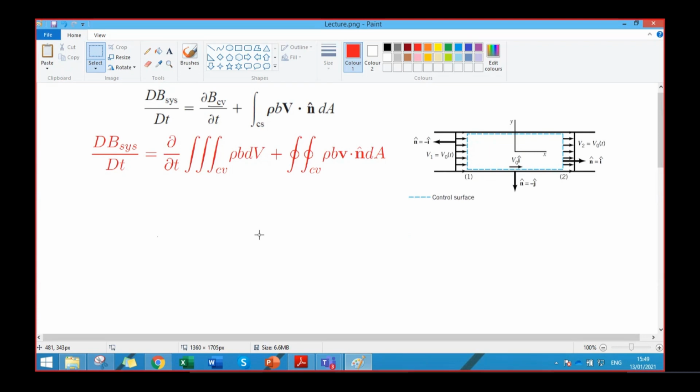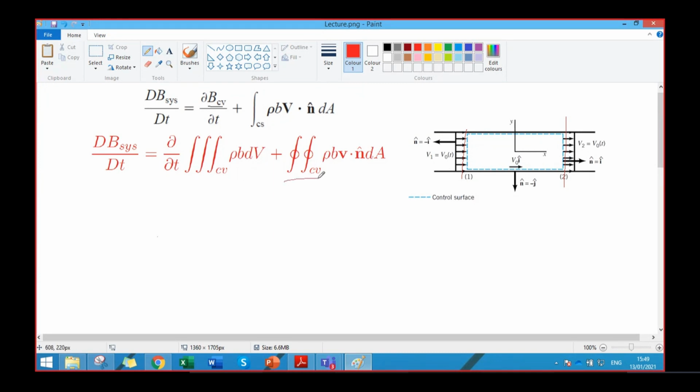So what will happen here? This is your control volume. This imaginary dotted line is representing your control volume. And these are your control surfaces. These red lines, like I'm drawing, are your control surfaces. The velocity at the inlet and the outlet is the same.